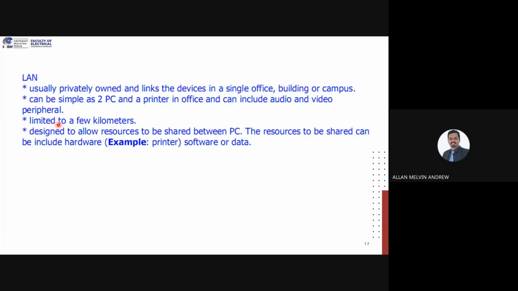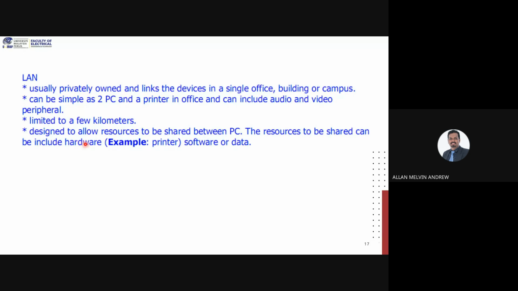Usually it will be within a building, within a small compound. So it cannot really travel a lot of kilometers, like 100 or 200 kilometers. It's not possible because it usually has limitations.